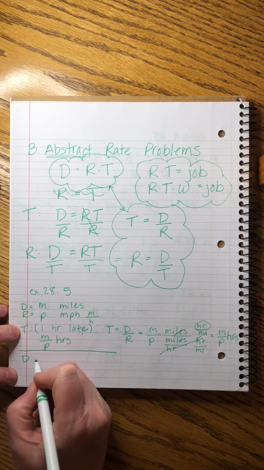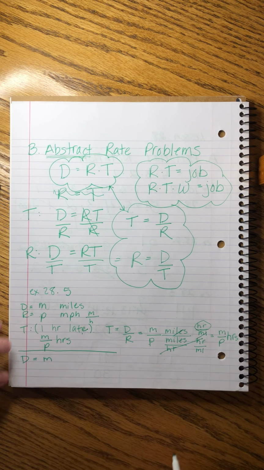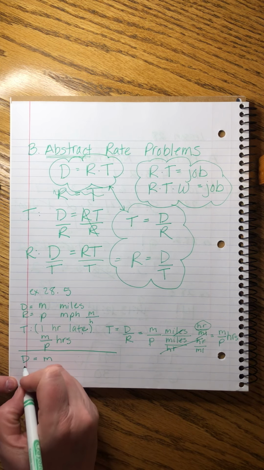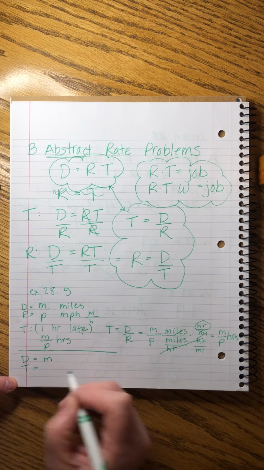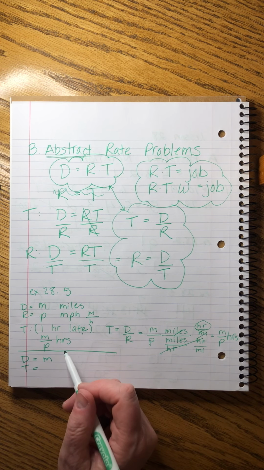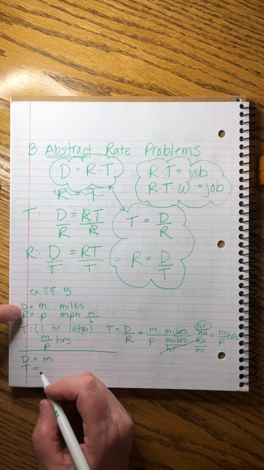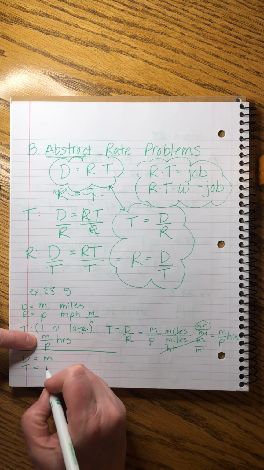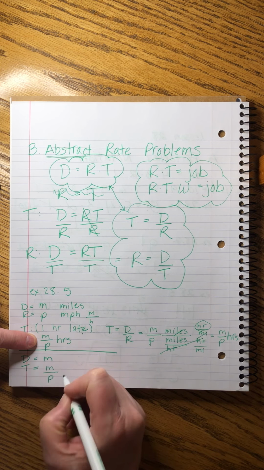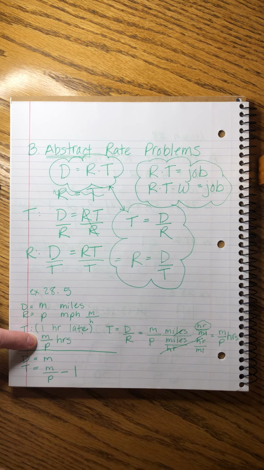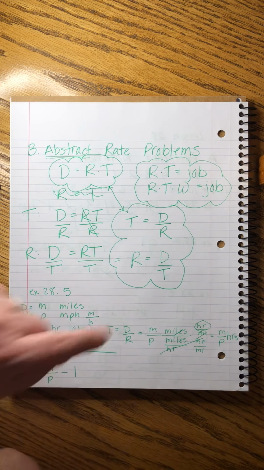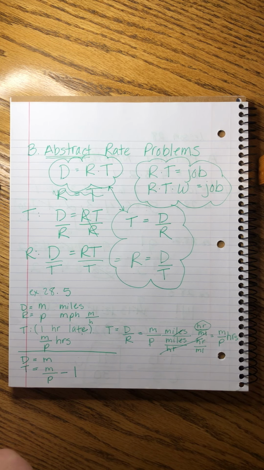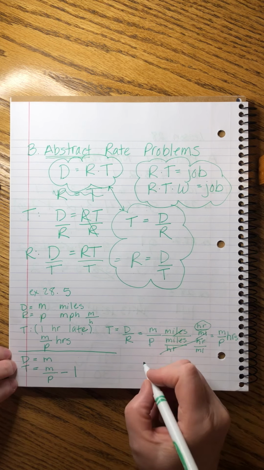The distance is going to be the same. It's going to be m. And the time has to be 1 hour less, right? So the new time is going to have to be m over p minus 1. Right? We were 1 hour late, so we have to subtract 1 from our old time. And then we use this information to solve for r.